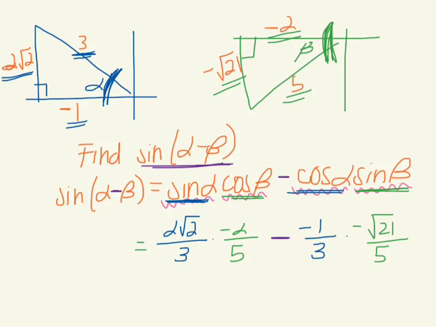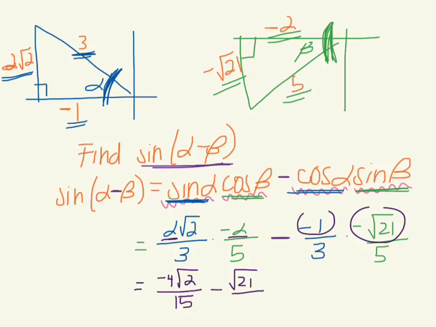Now even though one of them has a radical and the other one does not, you can still multiply them together. The 2's would get multiplied together. So you'd have -4 radical 2 over, multiply the denominators together, so 15, minus, and then these two put together is just going to be a positive square root of 21 over 15.